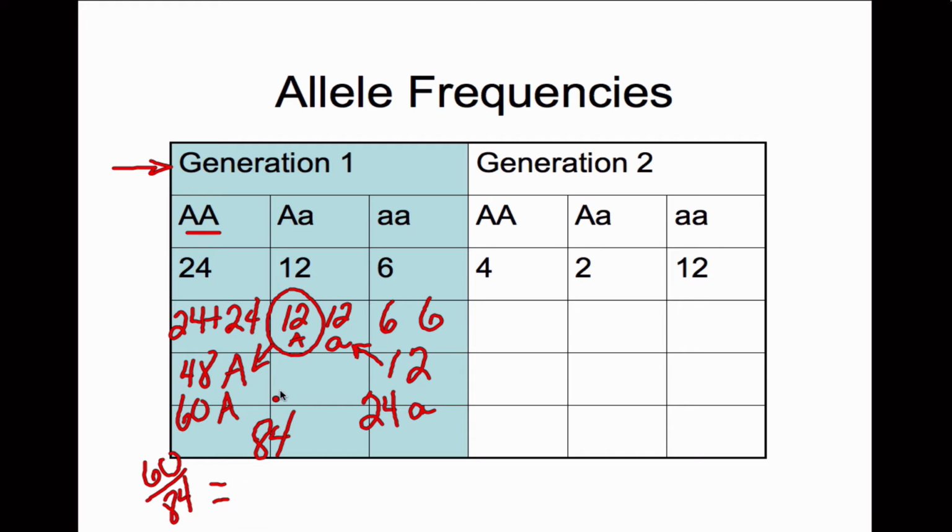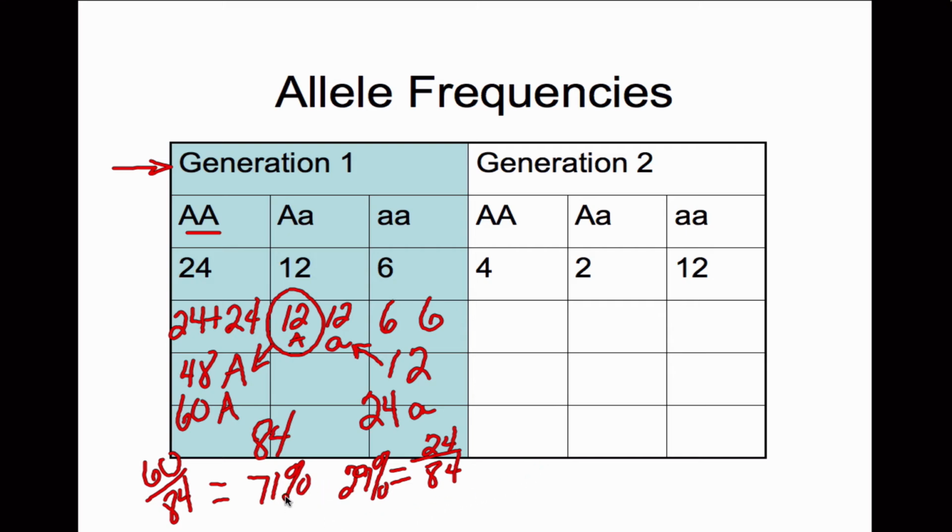So 60 divided by 84, we have 71% of these are capital A. Over here, we take the 24 total recessive and we divide it by that 84, because that's our total alleles, and what we end up with is 29% are lowercase a.